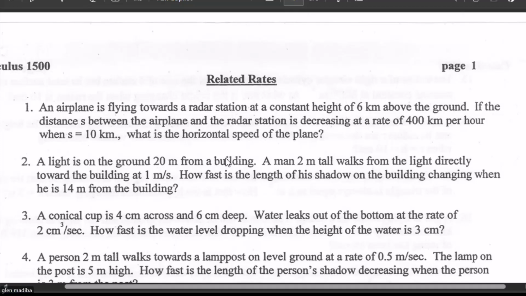Now, there is an agreement on the first line. The second line says, a man 2 meters tall walks from the light directly towards the building, that line we drew as his height, at 1 meter per second.